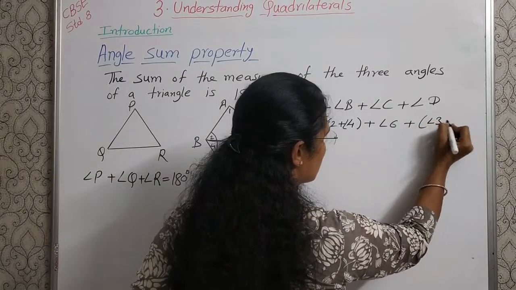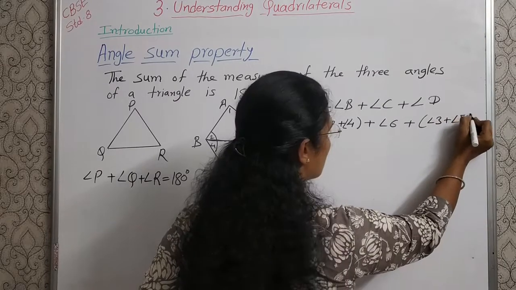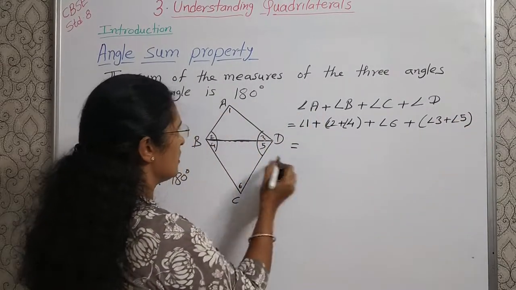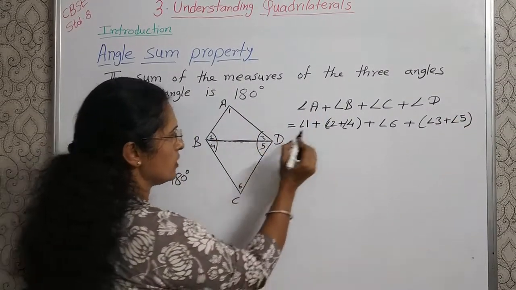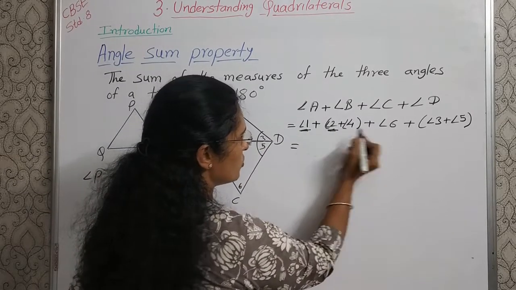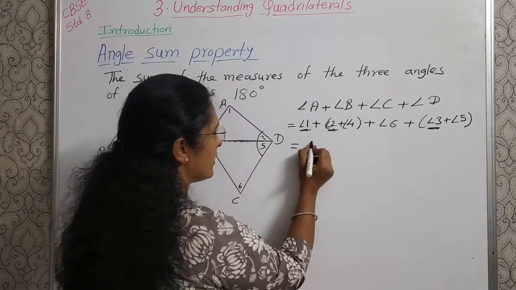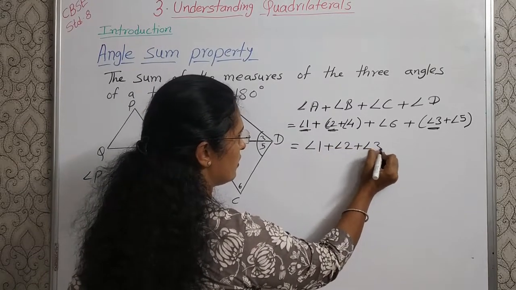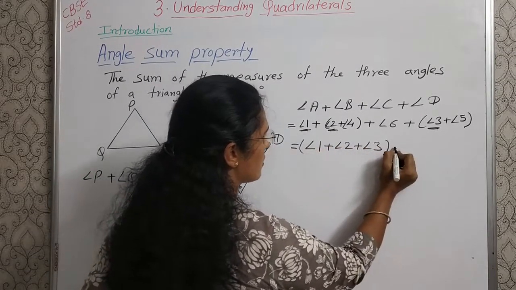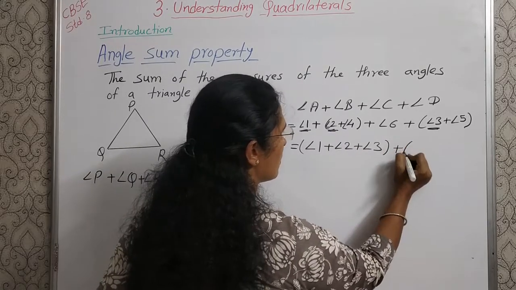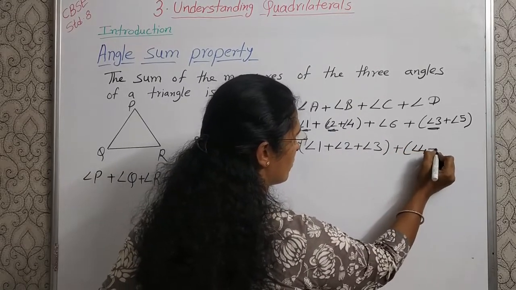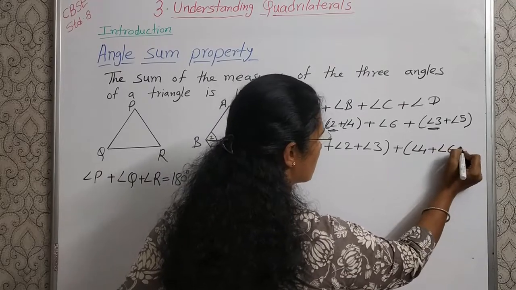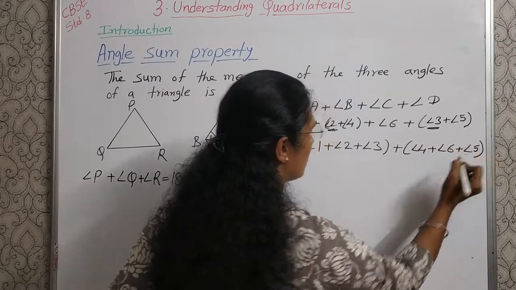So 1, 2 and 3 together make angle 1 plus angle 2 plus angle 3. Next, angle 4 plus angle 6 plus angle 5.